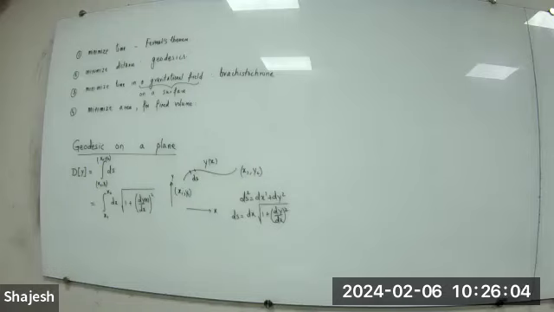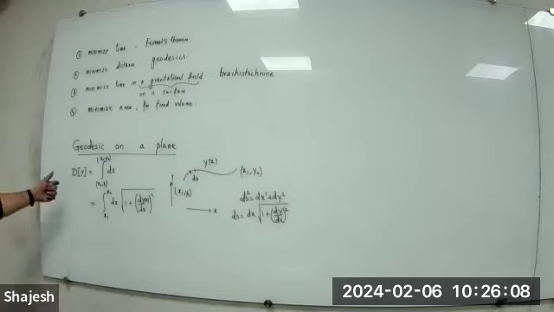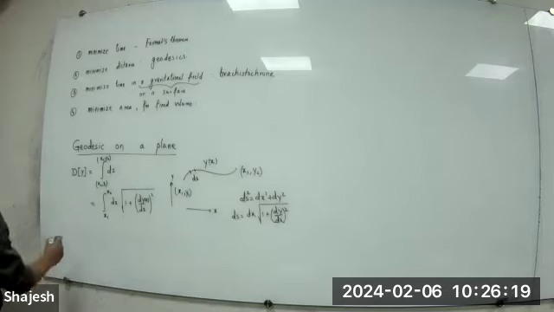And I have to minimize this. Minimization is done by taking the functional derivative and setting it to 0. We have learned how to take a functional derivative and then set it to 0, right? That's the minimization. So first take the functional derivative.